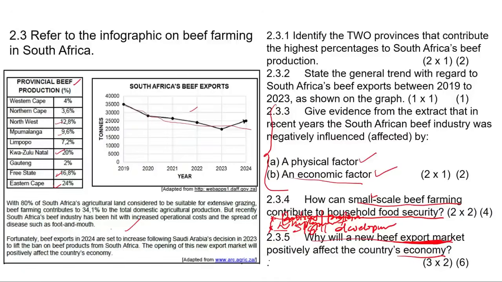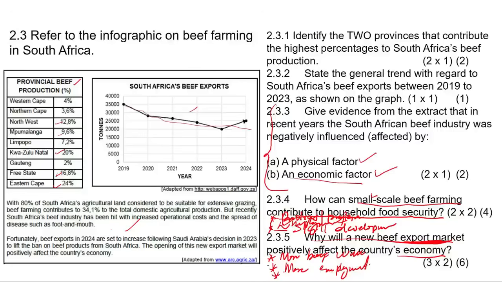Number one, more beef will be produced for export market. That's how it's going to boost the economy. Now, how is that going to help? There's going to be more employment for people.